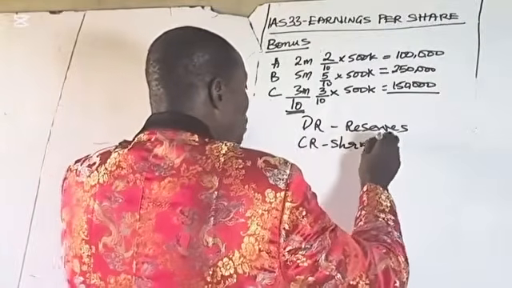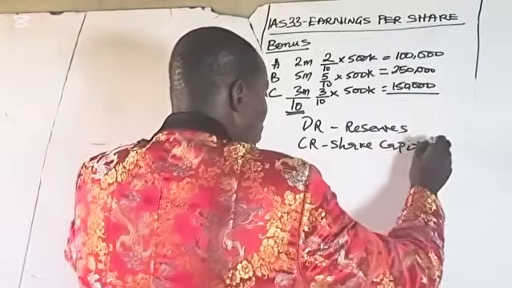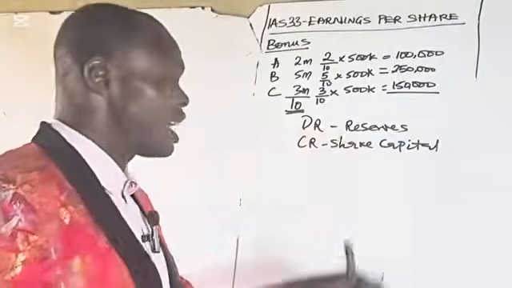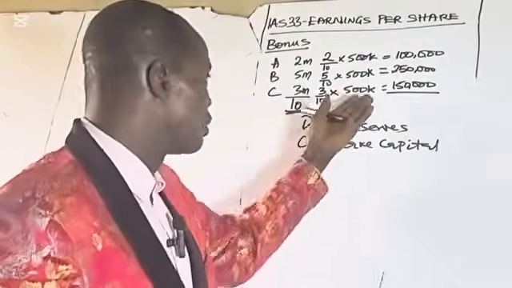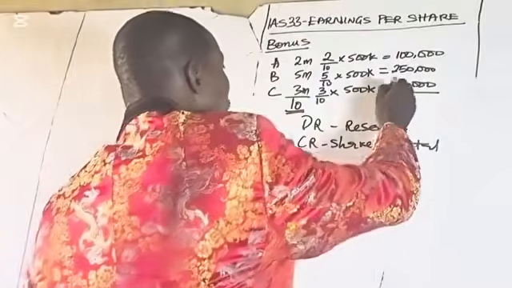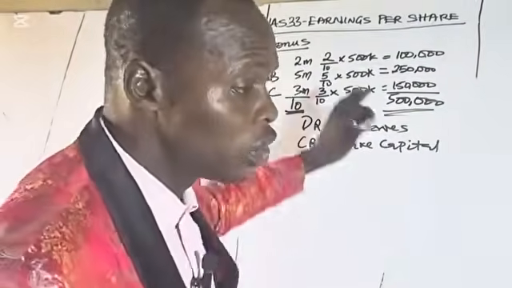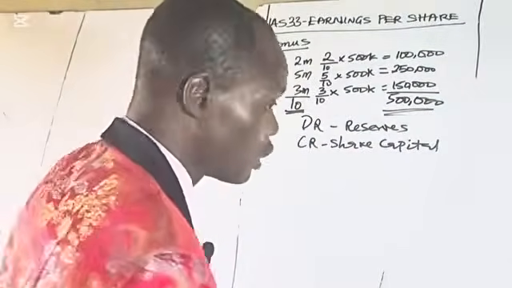So that is the double entry required here. They will debit the reserves, thereby reducing their reserves, and then increase the shareholding of the shareholders. That is the double entry for the bonus issue.